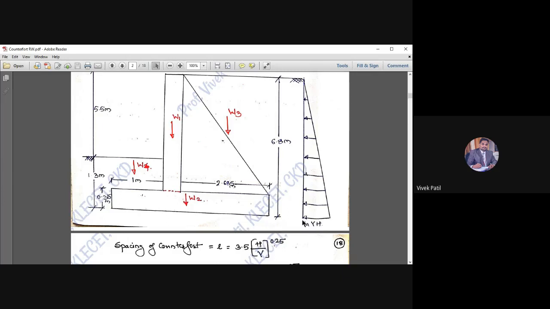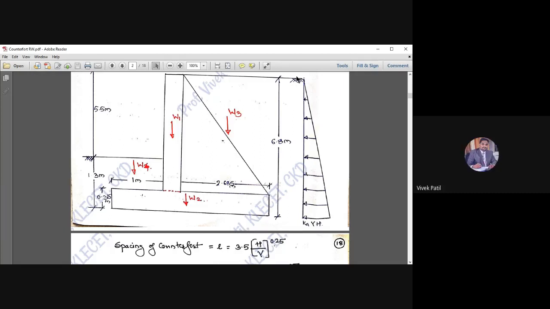So what will be the formula for calculating the load here, for a triangular section? Half into base into height.